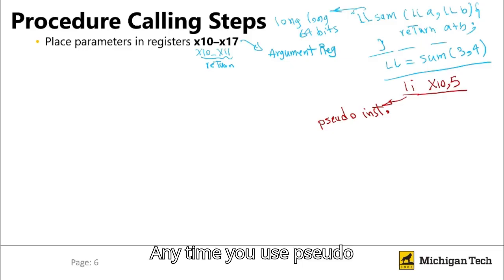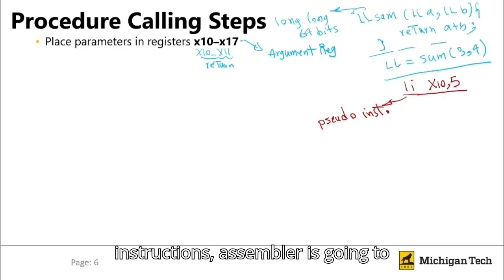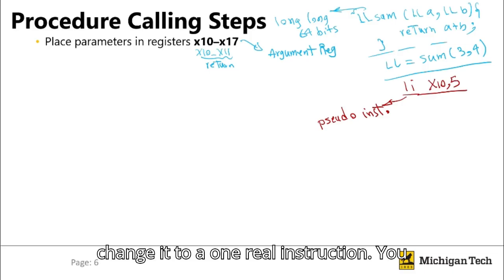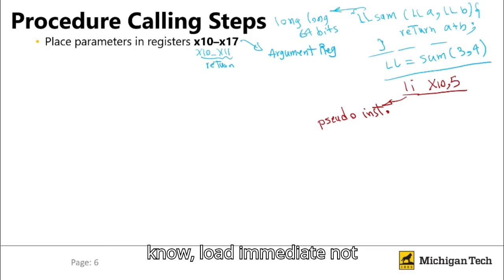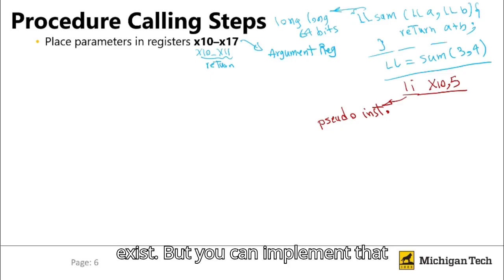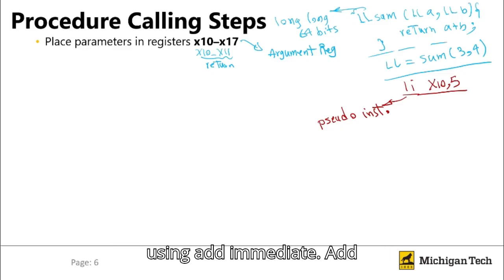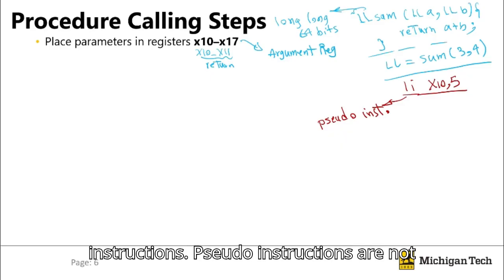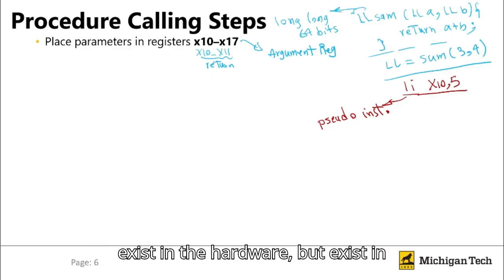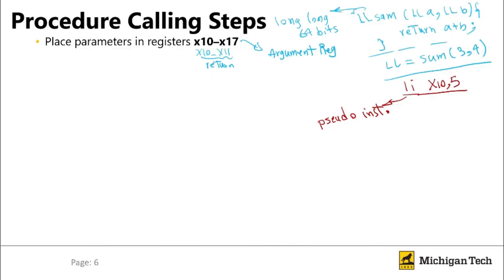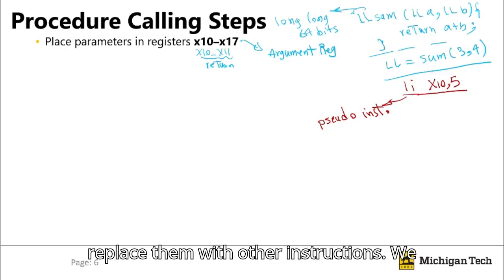Anytime you use a pseudo instruction, the assembler is going to change it to a real instruction. Load immediate does not exist, but you can implement it using add immediate. Add immediate with x0 is like load. That's why this kind of instruction is called a pseudo instruction. The assembler replaces them with other instructions.